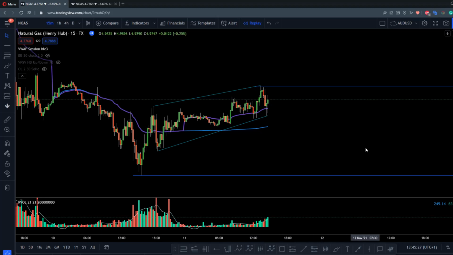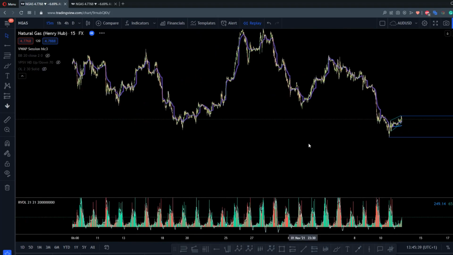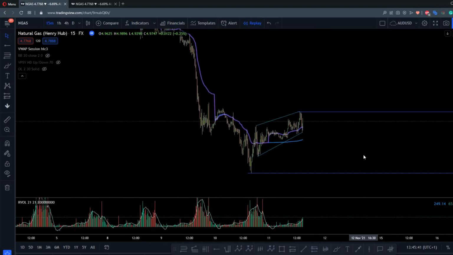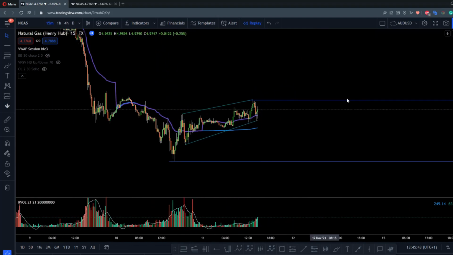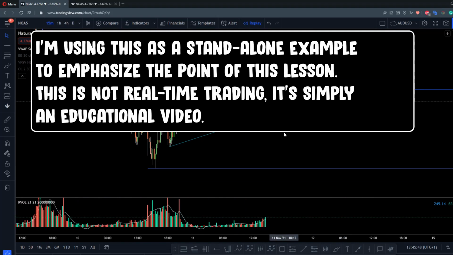And right now I have not talked or looked at the context, the higher time frames, because I'm just going to ignore that, because we're looking at this particular example right now. We're not going to take too many variables into play.